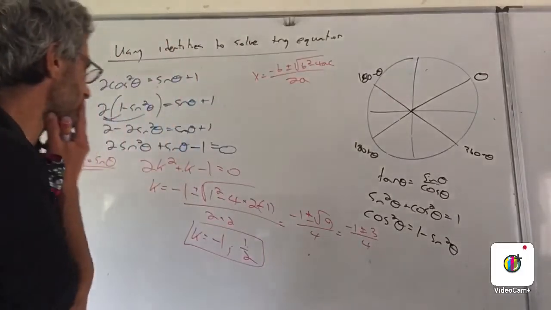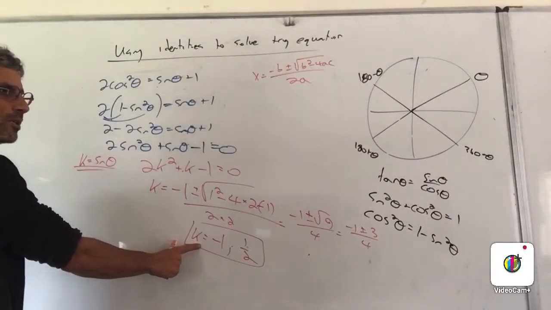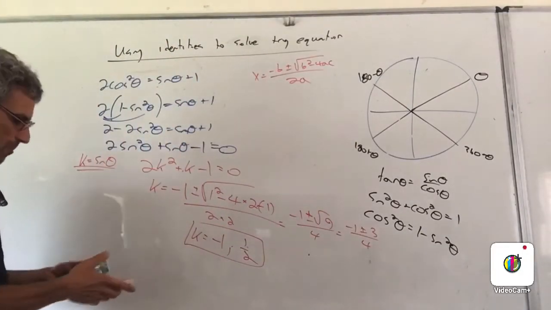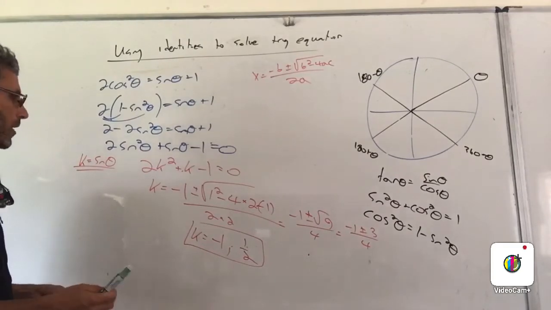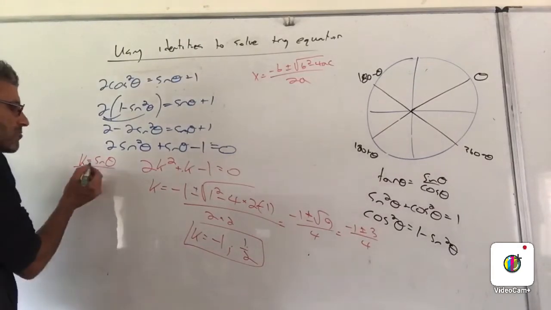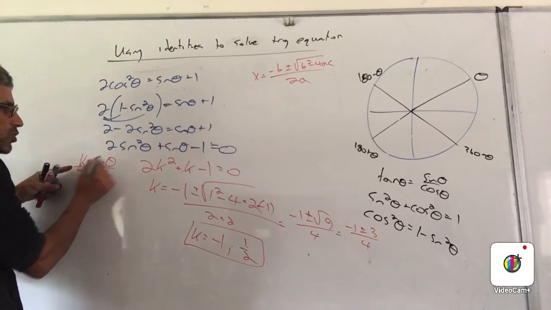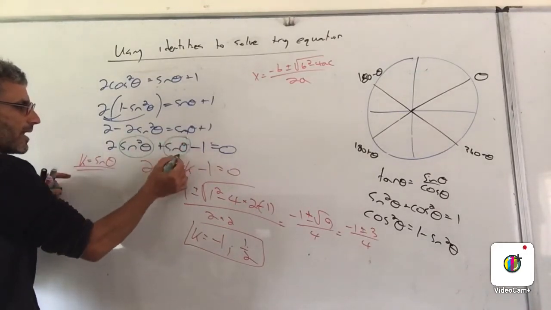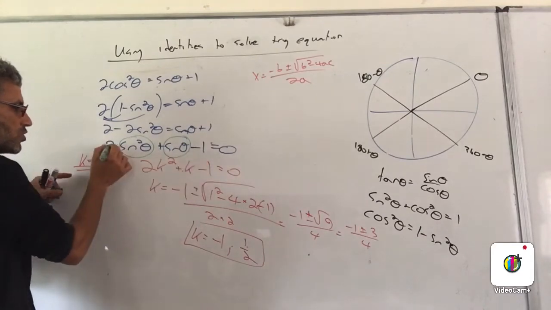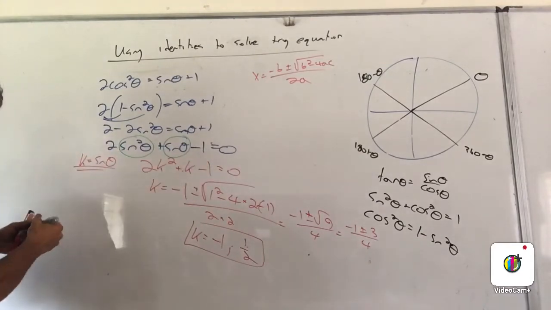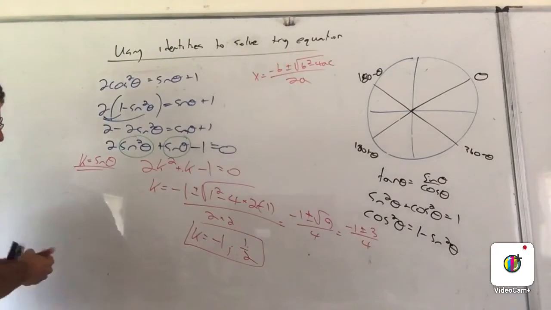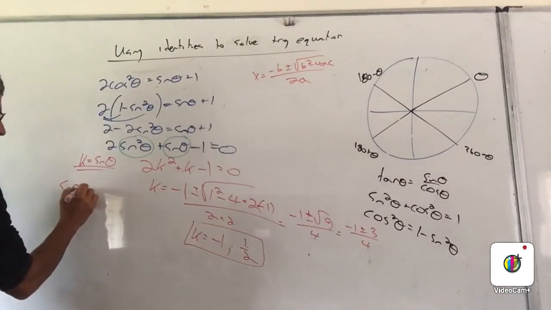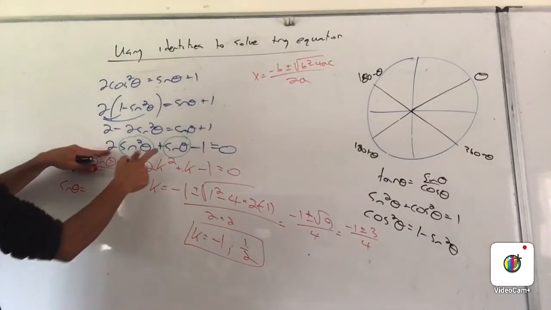Okay guys, just before we carry on, maybe later on when you're a little bit more comfortable, you can say you didn't really have to do this k substitution. You can say, okay, that's my x squared, that's my x, so you could have just written sine theta equal to minus b.